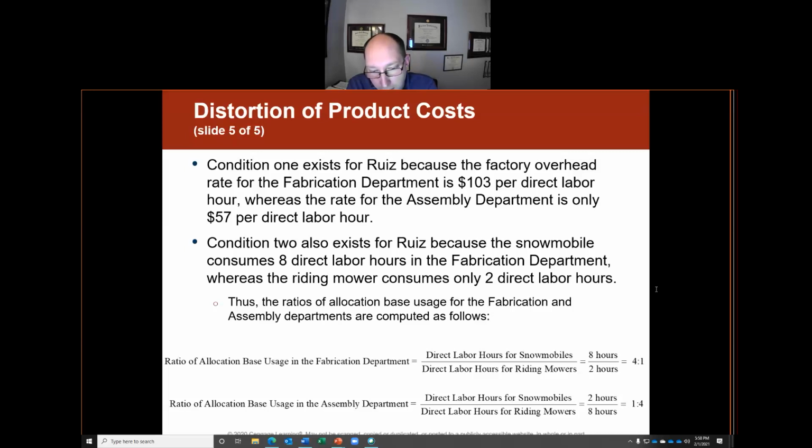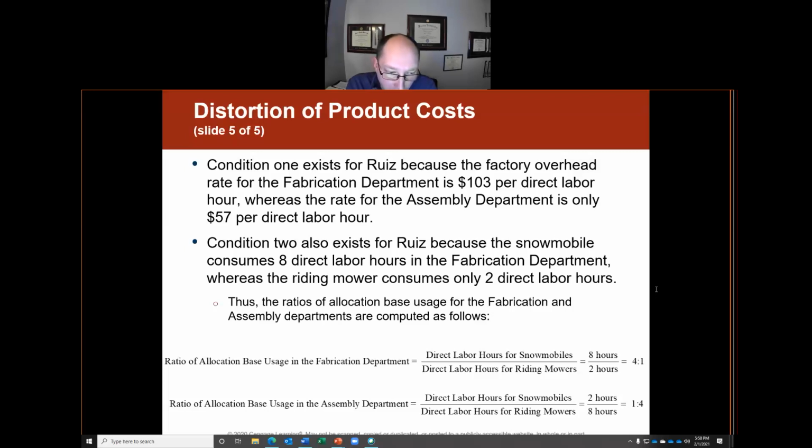We do the same process for the assembly department and for every other department that the company has. In our example, for product A, the snowmobiles, we use 2 hours in the assembly department. And for riding lawnmowers, it's 8 hours. So 2 divided by 8 gives us a ratio of 1-to-4.